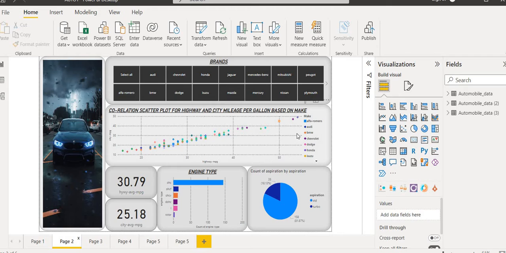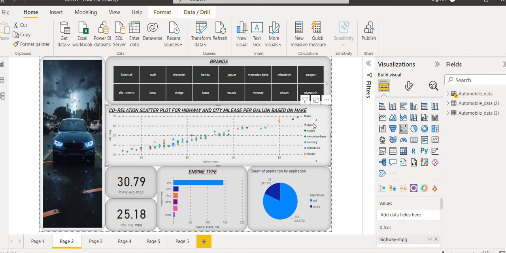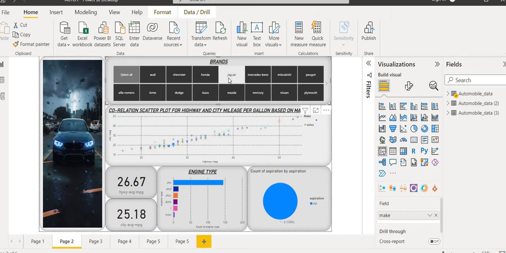The graph is showing this, and it is highlighted in this section of the makers of the required cars. You can select on this. You can go up for different brands. You can also select on this to get the required information of Jaguar.